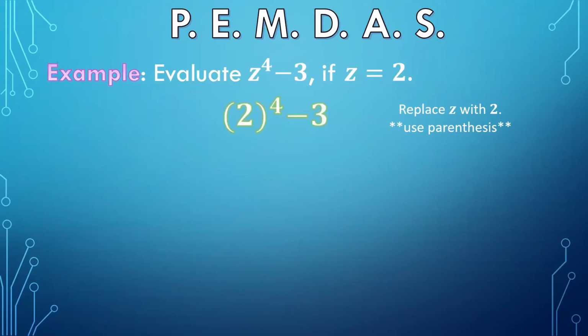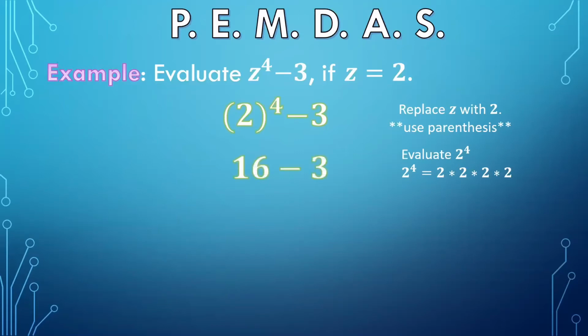When I replace the variable with its value, I'm putting that value in parentheses. Right now, we're dealing with positives. When negatives come into play, it will change things. So our next step here is to evaluate 2 to the 4th power, because that's our exponent. 2 to the 4th means 2 times 2 times 2 times 2.